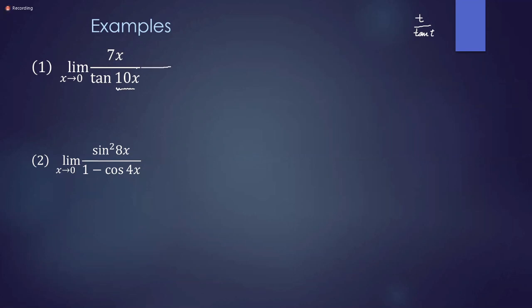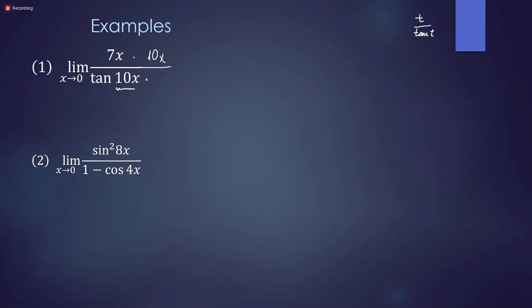So for tangent 10x, I need to have 10x. So I put the 10x where I want it, and of course, if I multiply by 10x, I also have to divide by 10x. And yes, of course, the x is not strictly necessary.